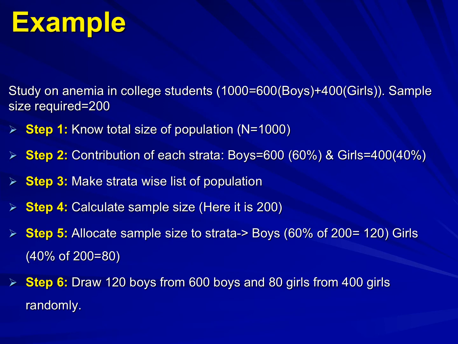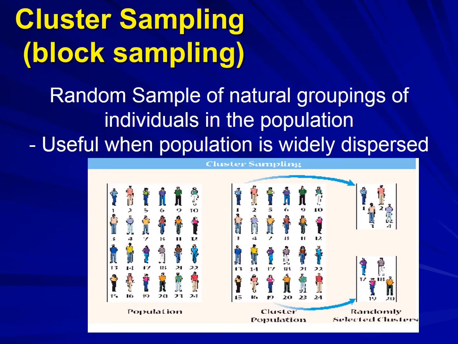So this is how stratified random sampling can be conducted, and the advantage here is that each of the strata has the same representativeness according to its proportion in the original population. Hopefully you have understood stratified random sampling.